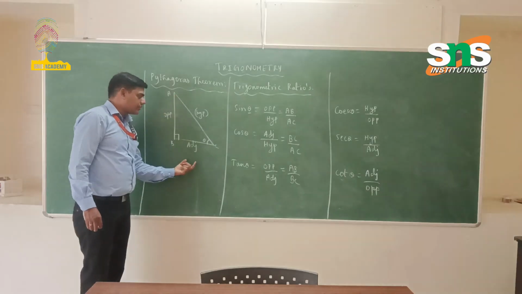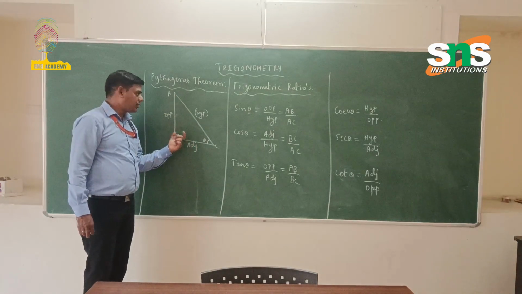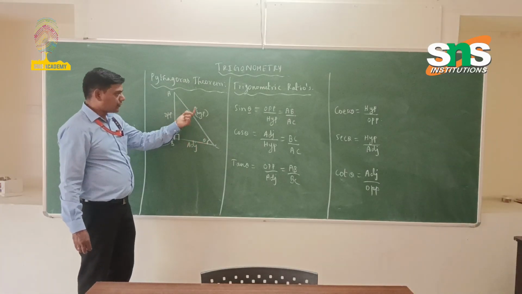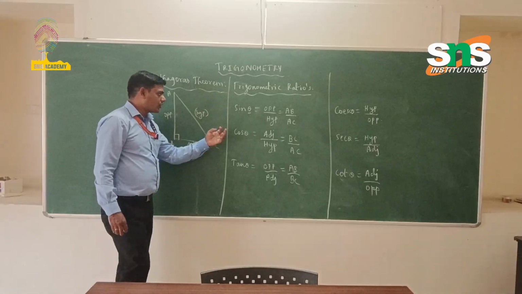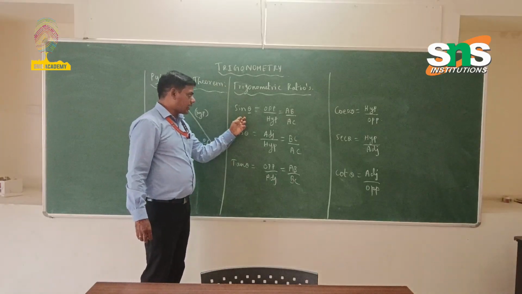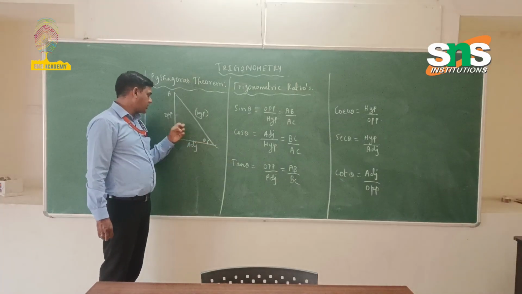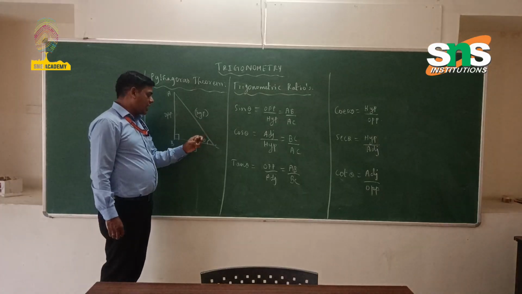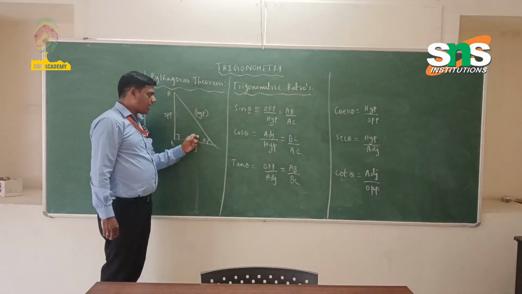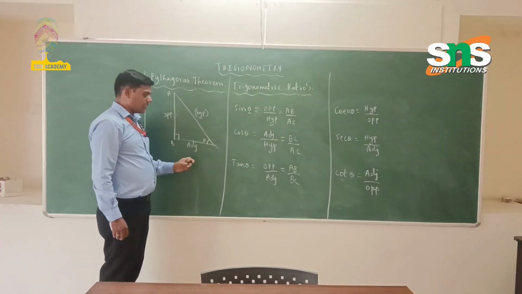I told you that Pythagoras is very important, and it is useful for finding the trigonometry ratios. Sin theta: when theta is here, this part is the opposite side, so opposite by hypotenuse. Cos theta is adjacent by hypotenuse, and tan theta is opposite by adjacent.